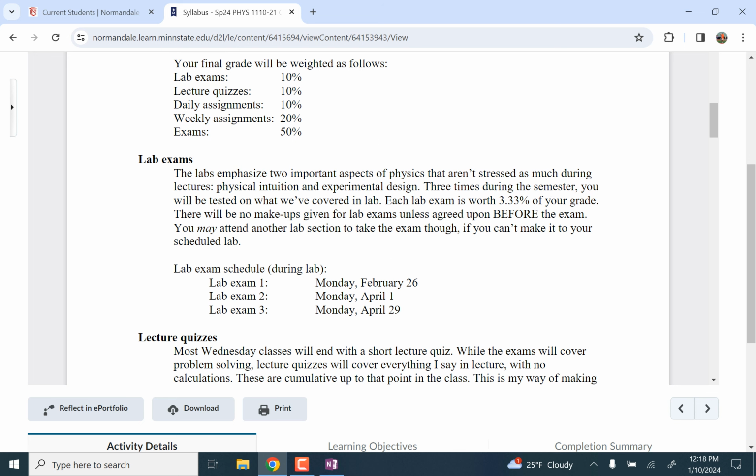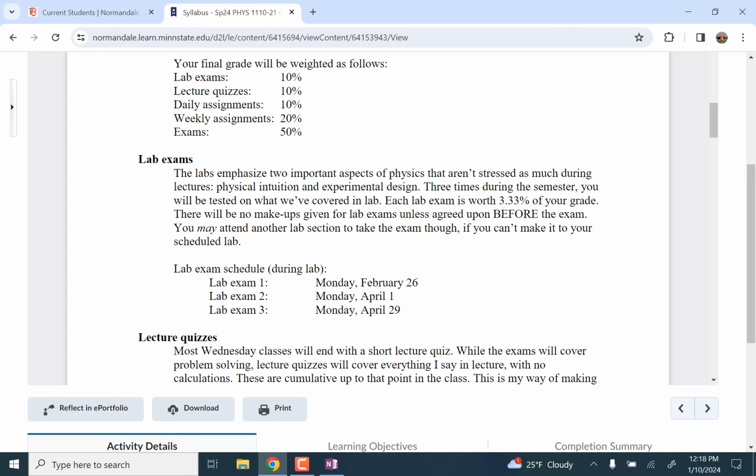And to make up that grade, it'll be weighted 10% lab exams, 10% lecture quizzes, 10% daily assignments, 20% weekly assignments, and then 50% exams. So exams are the biggest part of this.